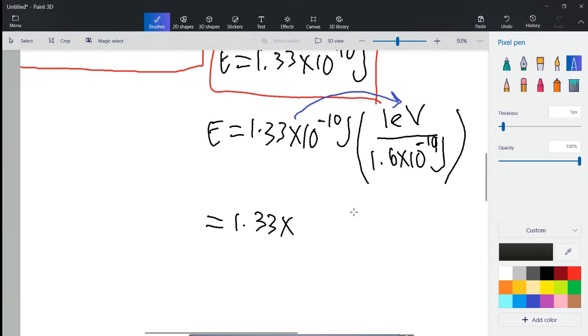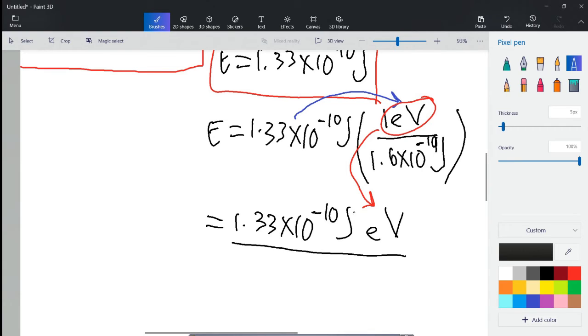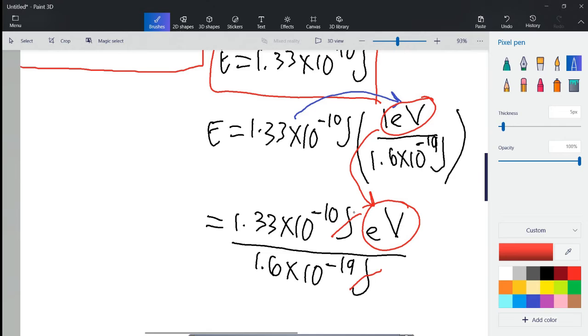So we have 1.33 times 10 to the negative 10 joules times eV, because we have the eV, divided by 1.6 times 10 to the negative 19 joules.